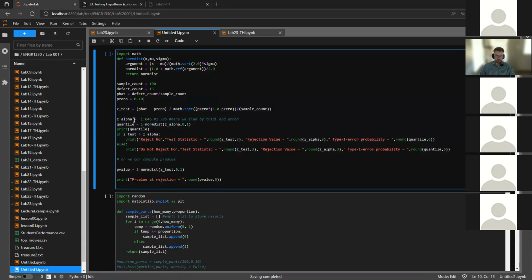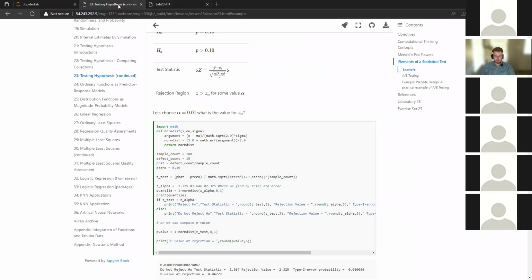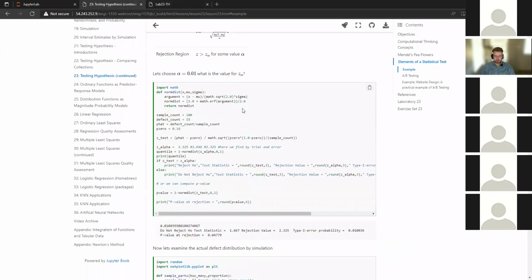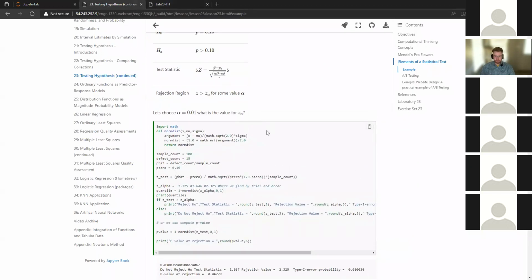So what we need to figure out is, this is going to reject or fail to reject based on whether z-test is greater than z alpha. So we're trying to figure out what z alpha is by trial and error. So what do we think we should start with? Well, we can calculate z alpha, but we still need to check it out from trial and error.